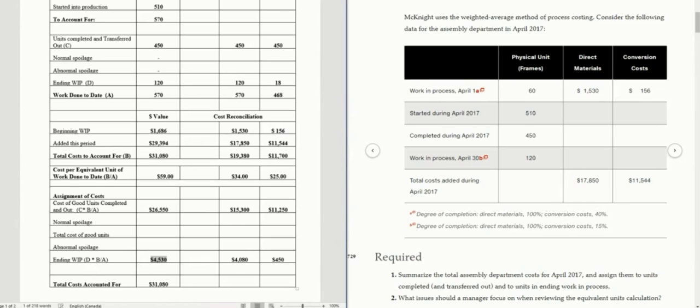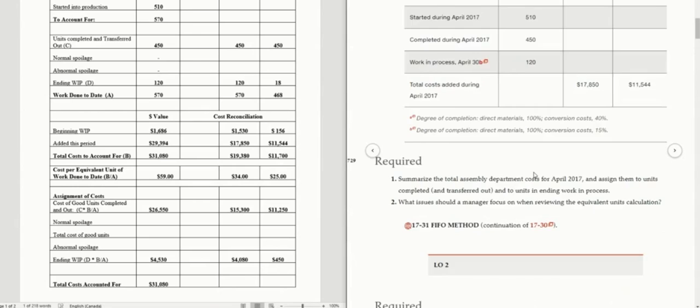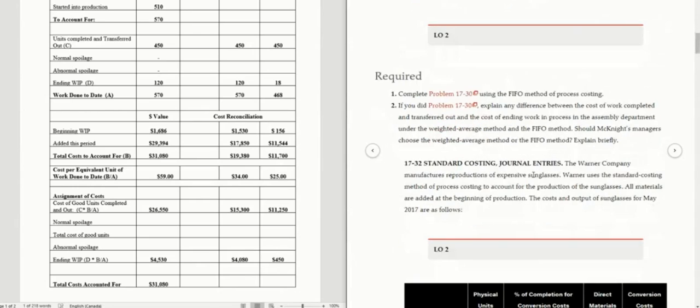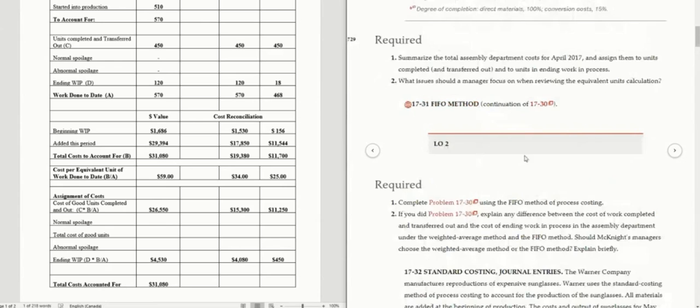What do you think? Questions, comments? I've put on Brightspace suggested solutions to several problems, including problem 31, which is doing this exact problem all over again, except using the FIFO approach instead of the weighted average approach.